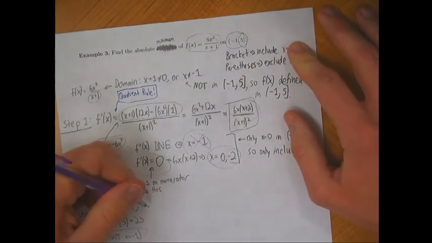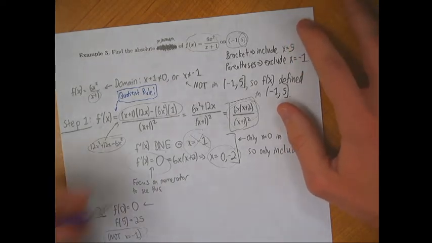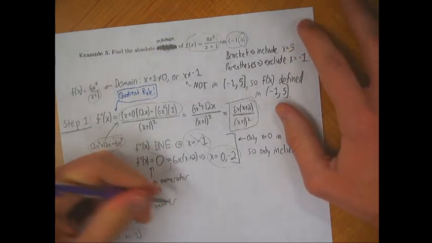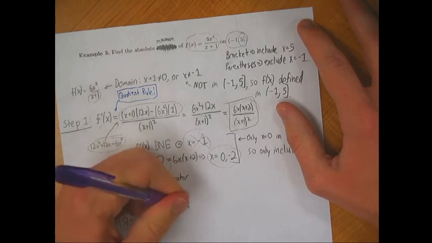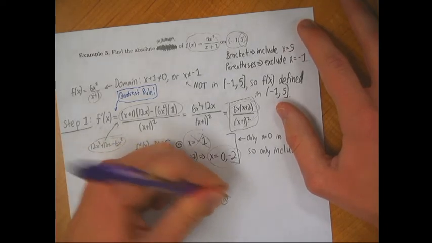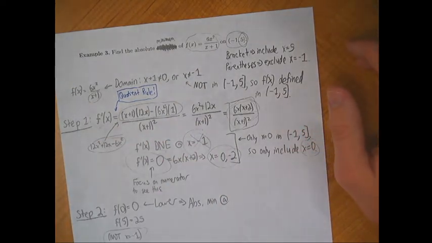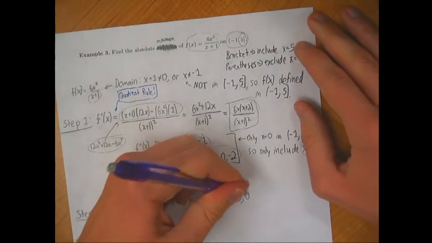So of these two, obviously the lower of these two is 0. So that should tell you that the absolute minimum occurs at what point? 0, 0, right? Okay.